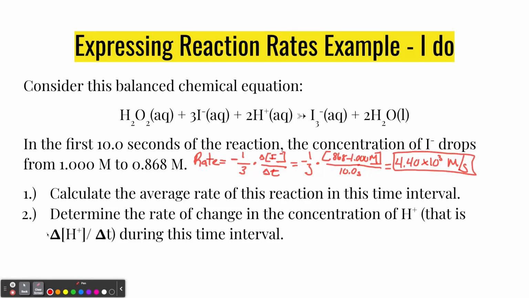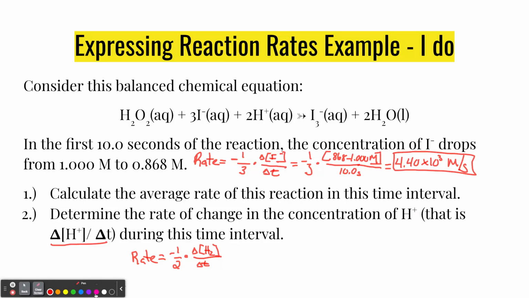Now that we have our average rate of the chemical reaction, I can solve for this. So watch what we're going to do. We're going to say the rate is equal to negative 1 over 2 times the change in concentration of H plus over the change in time.